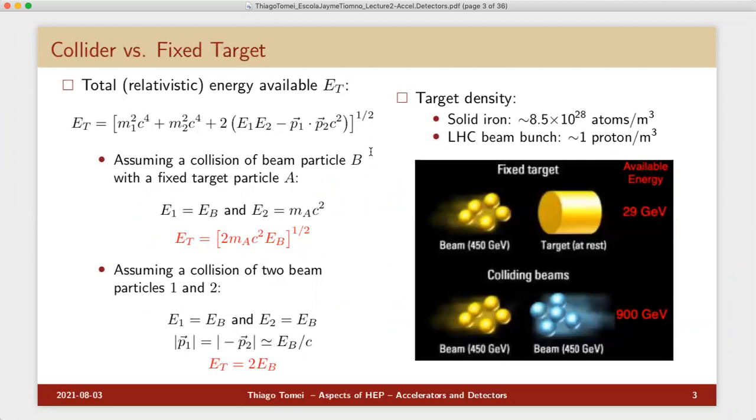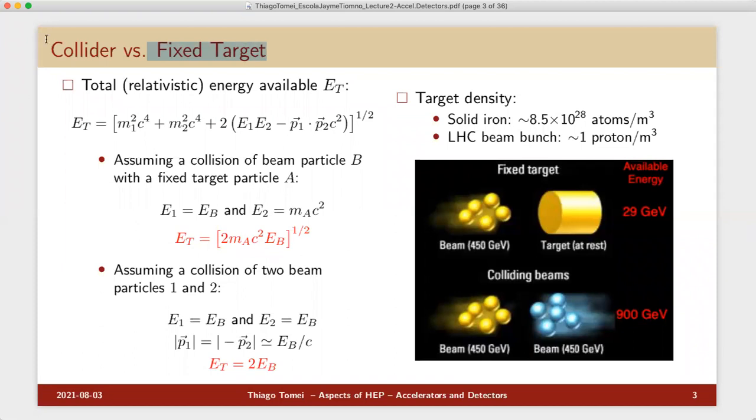In slide number 3, we first have to come to terms with a fundamental split in the design of accelerators: either we're talking particle colliders or we're talking fixed target experiments. What's the difference?